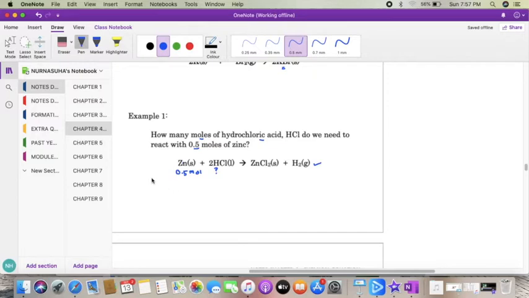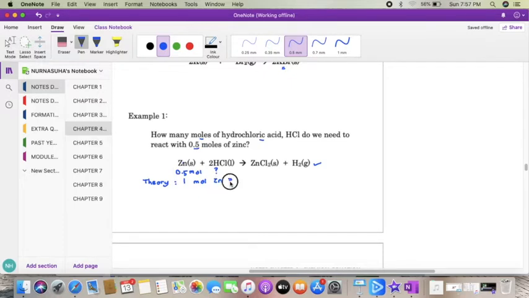Now, after that, next step is, according to theory, 1 mole of zinc, dia akan bertindak balas.